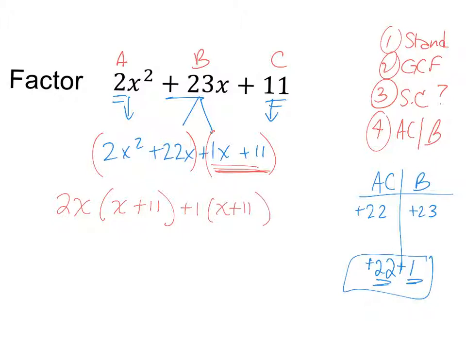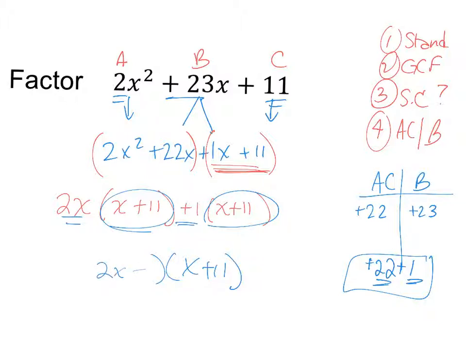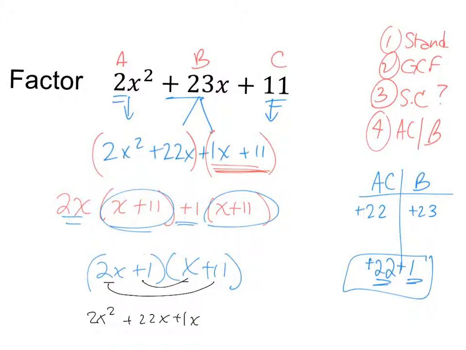And then we have the common x plus 11, which I write down, and then you're left with the second binomial of 2x plus 1. Now, if I refoiled it, which you should do because you'll have time to do it, I would say first times first is 2x squared. The outer terms is positive 22x. Inner term is positive 1x. Last times last is positive 11.